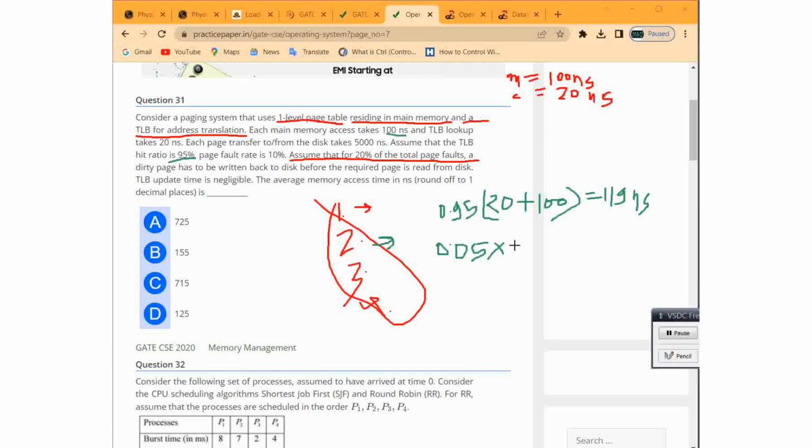So the probability of that is 0.9. Now we have to access main memory one time for the page table and one time for data. And the contribution of this case will be 9 nanoseconds.